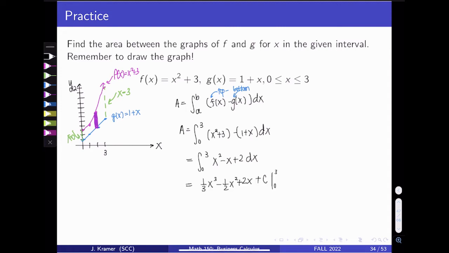And so we have 1/3 x cubed minus 1/2 x squared plus 2x plus c evaluated from 0 to 3. By the fundamental theorem of calculus part 1, we will evaluate the antiderivative at 3 and then subtract the antiderivative evaluated at 0. And so the area between f of x and g of x on the interval from 0 to 3 is 21/2.